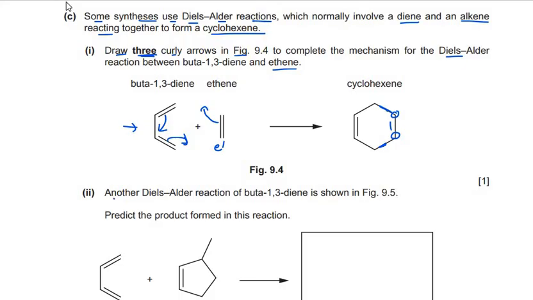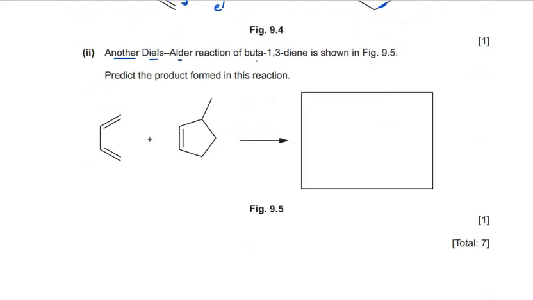The next part: another Diels-Alder reaction of buta-1,3-diene is shown in figure 9.5. Here again buta-1,3-diene is shown. There is one more cyclic structure with 6 carbons, but the ring is a penta, that is a 5-sided carbon ring, with one double bond.